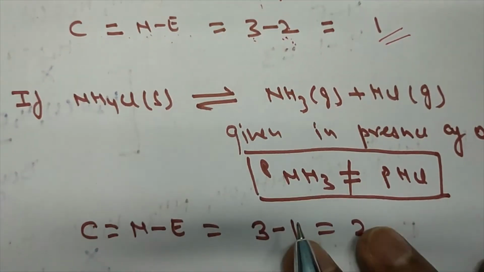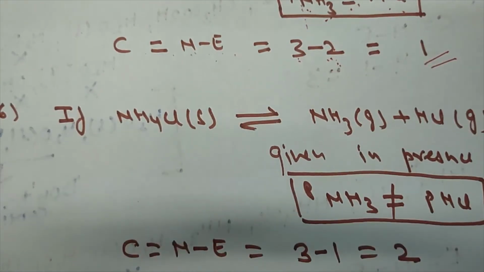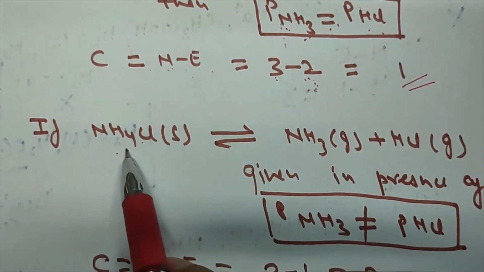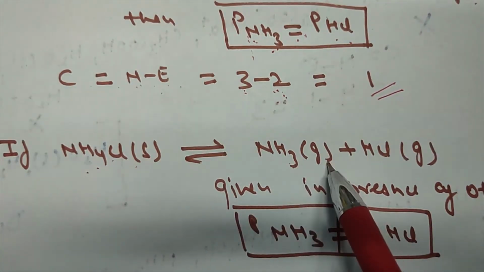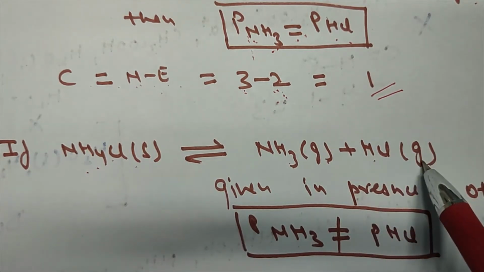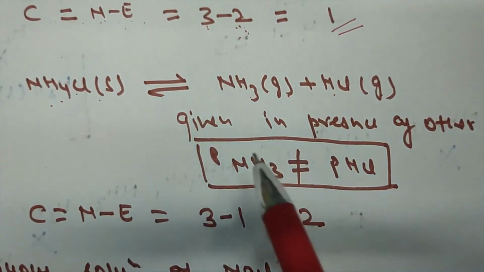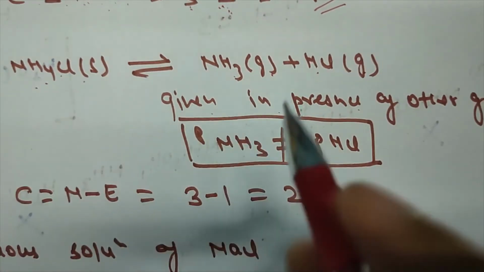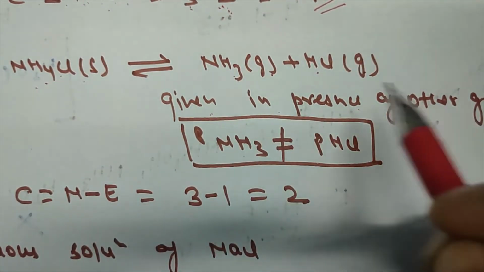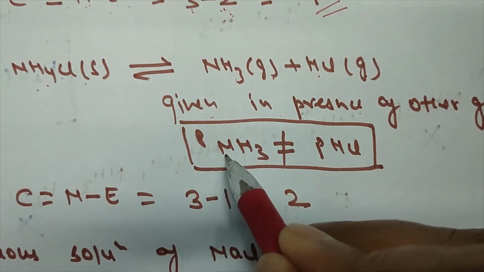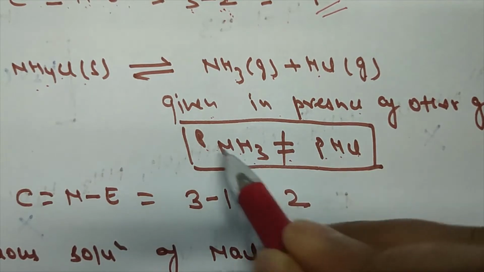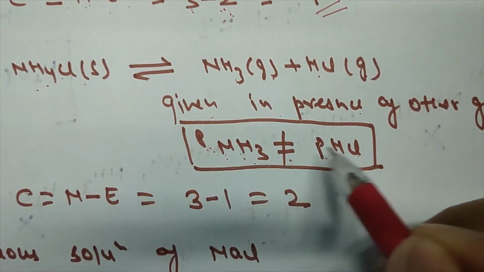Now if it is the same question as the above one, NH4Cl, again NH3 gas and HCl gas, but what if it is given in presence of other gas? In the question it is given as in presence of other gas. What does it mean? Now P of NH3 is not equal to P of HCl.